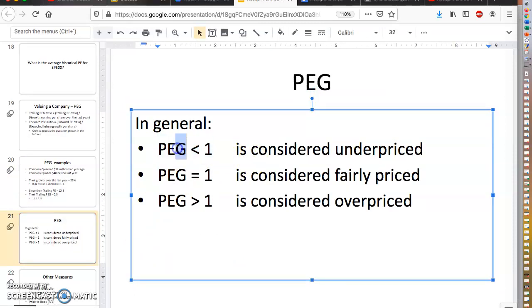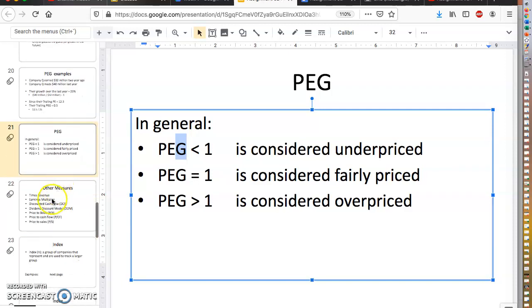The bigger the G is, the smaller this is, since it is PE divided by G. So if you have a fast growing company, most people are willing to say, I'm going to pay more for this, because if it's fast growing, in the future it should be making a lot more money. So this is how the PEG takes into account how fast a company is growing, which the PE ratio does not.